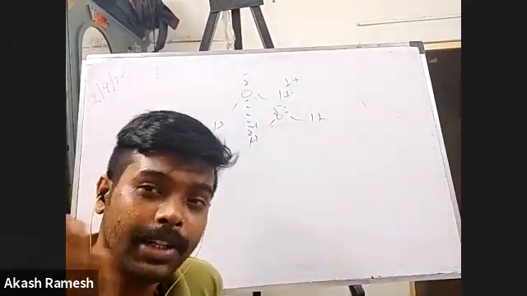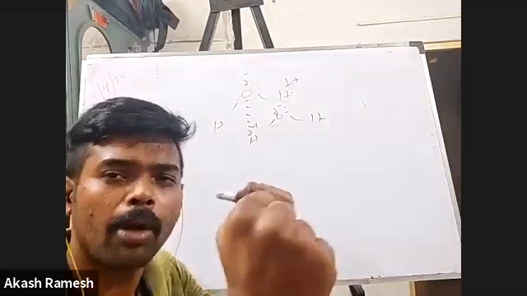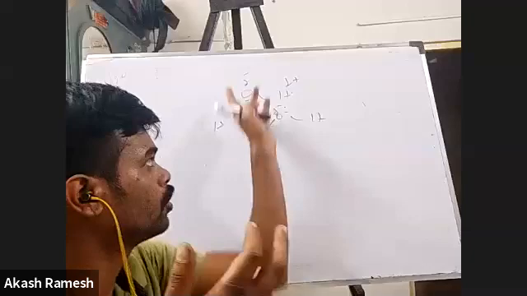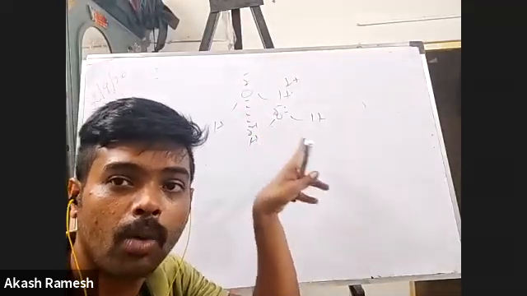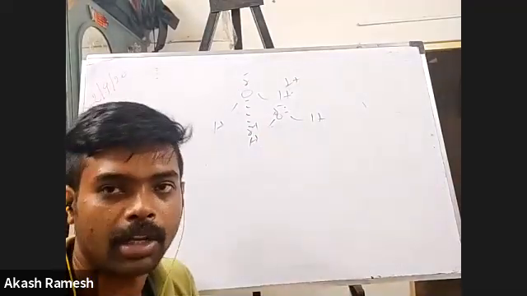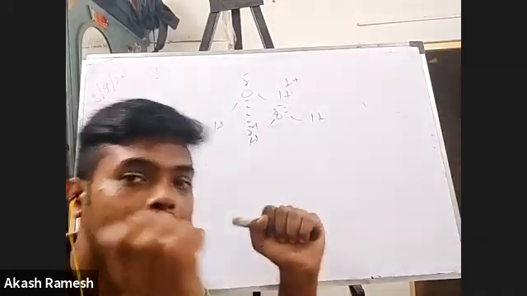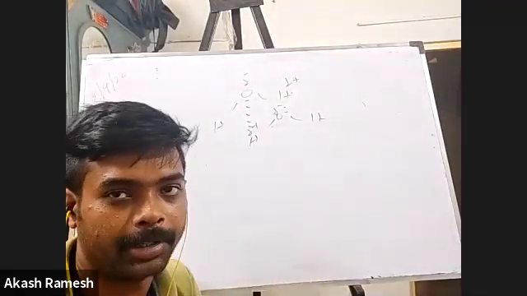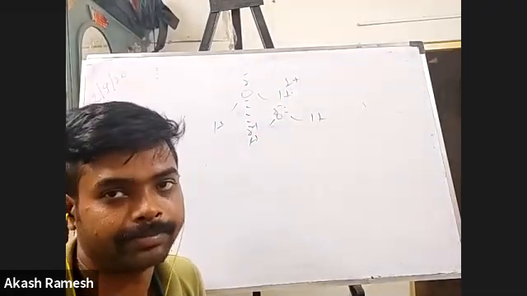If I say intermolecular hydrogen bonding, I require two molecules, same or different, doesn't matter. Here I have two H2O molecules. If I have one H2O and one alcohol, it is still intermolecular hydrogen bonding. I should have two molecules. That's what is important.